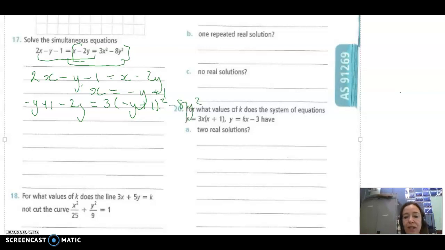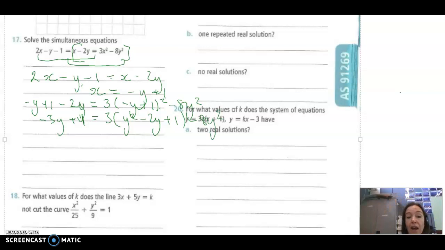So I'm writing on my screen, so it is looking a little bit bad. So now I'm just going to expand. Okay, so that's going to be minus 3y plus 1 equals, I'm going to expand that bracket out first, so it's going to be y squared minus 2y plus 1 minus 8y squared.